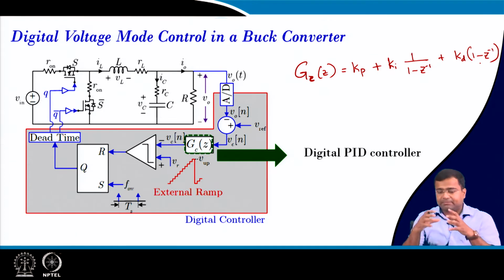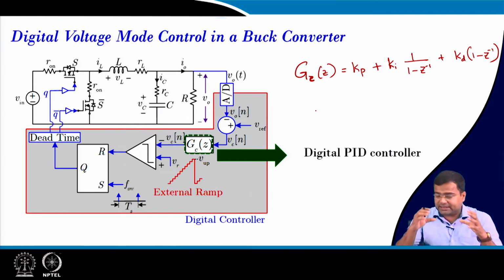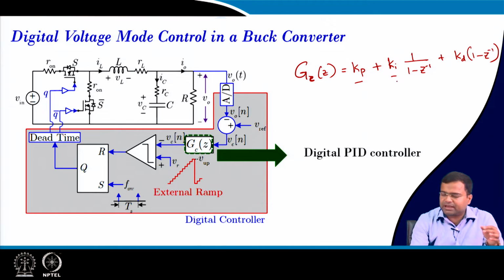So this we have directly plugged in, that means we have considered one Z domain block from Simulink and simply plugged in these values of Kp, Ki and Kd, and we have also written this transfer function in terms of polynomials of Z.